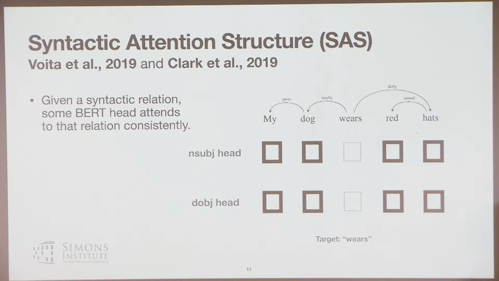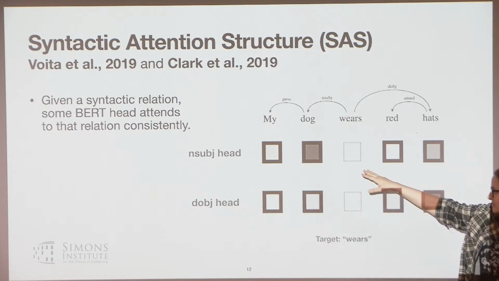So there was an observation that a few different groups concurrently discovered, which is that some of these attention heads actually attend to specific syntactic relations. So if you were to pick the subject relation, then you would find that there is a head that pretty consistently attends to the subject of the target token.